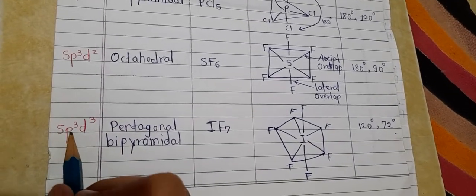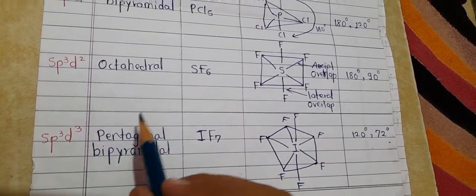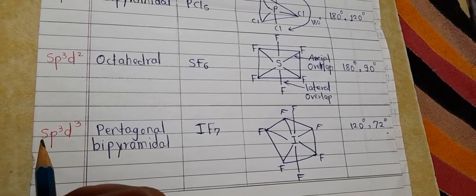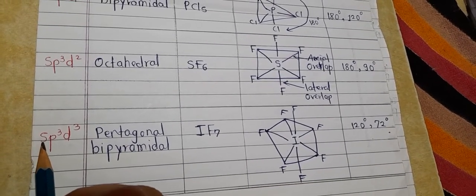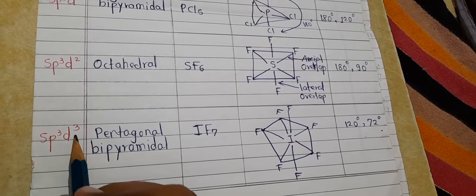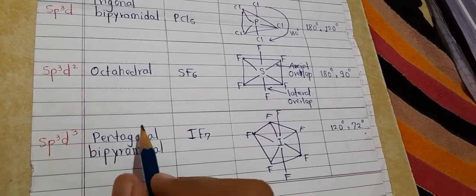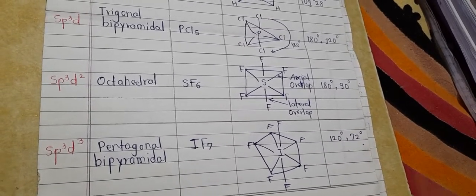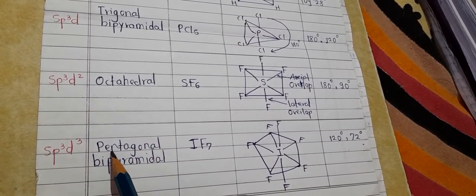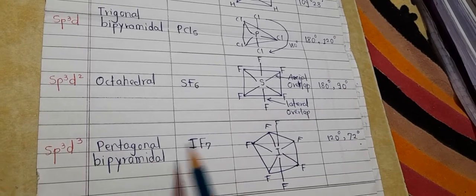Six, sp3d3. It is formed by mixing and recasting of 1s, 3p and 3d orbitals of the same atom. Their geometry is pentagonal bipyramidal.